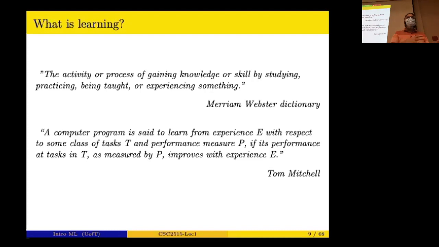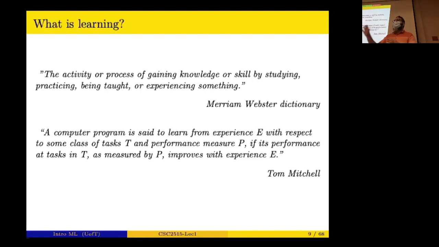Maybe a bit more technical, but somewhat too abstract at this stage, is another definition by Tom Mitchell, which says that a computer program is said to learn from experience E with respect to some class of tasks T and performance measure P, if its performance at task T, as measured by P, improves with experience.